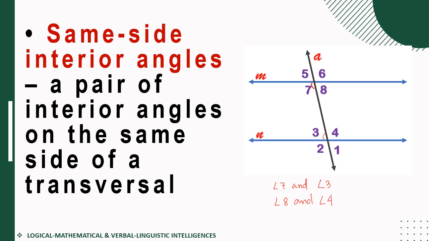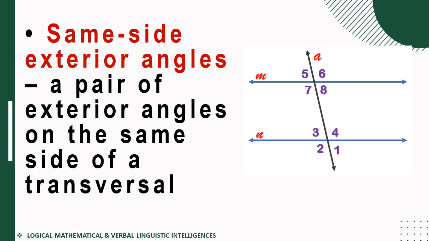Okay, we're done. Alright, so next let's proceed with same side exterior angles. This time, we're gonna have angle 5 and angle 2. Another pair of same side exterior angles would be angle 6 and angle 1.